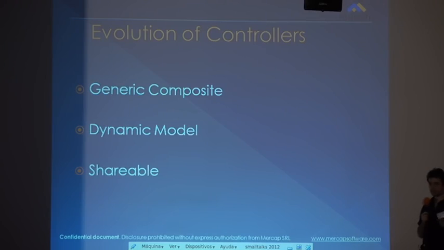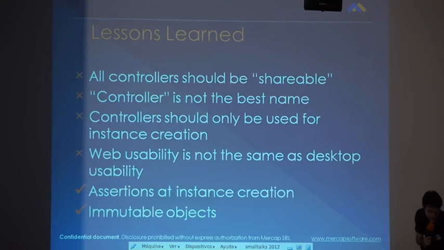We need more than one parent to do mostly updates and notifications, so we created this shareable controller, so it says, okay, you can have more than one parent. So it's more like an implementation detail. It's not part of the intrinsic problem of solving the user interface and the connection to the business, but it came as a necessity of our implementation.